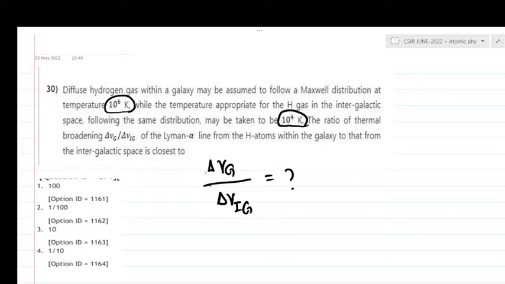So when we talk about the thermal broadening of diffuse hydrogen gas or any gas, one thing comes to our mind, that is Doppler broadening or Doppler shift. So what is Doppler shift?